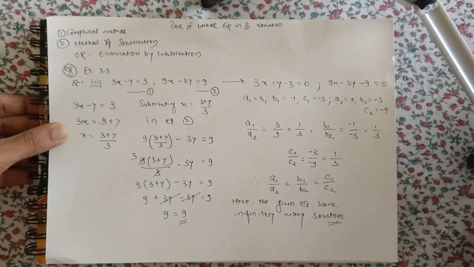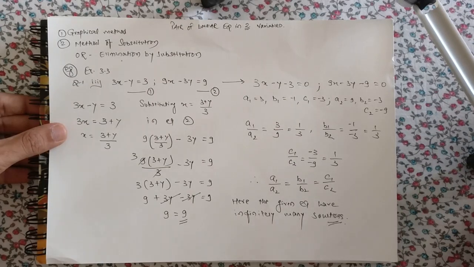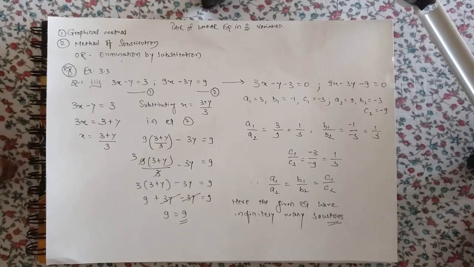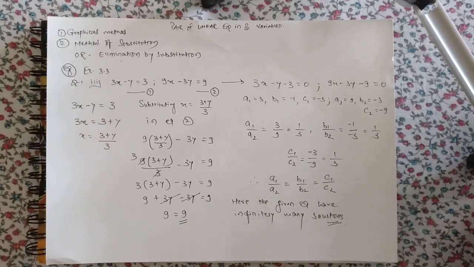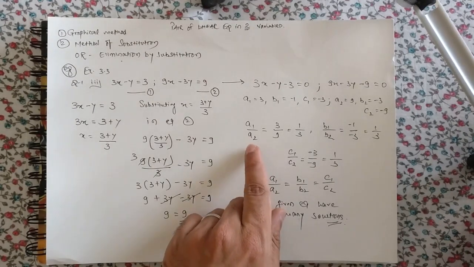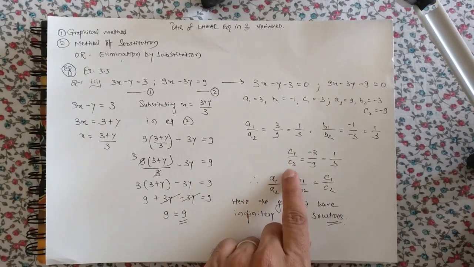So I won't call it a failed attempt, or you can say 15 minutes are wasted in this video. I will keep this video as it is, without editing, because it is also a learning for us. We can also come across these kinds of questions further in the chapter, and we should remember, wherever we are getting such weird solutions, that means we must check the consistency of the equations by finding the fractions a1 by a2, b1 by b2, and c1 by c2.